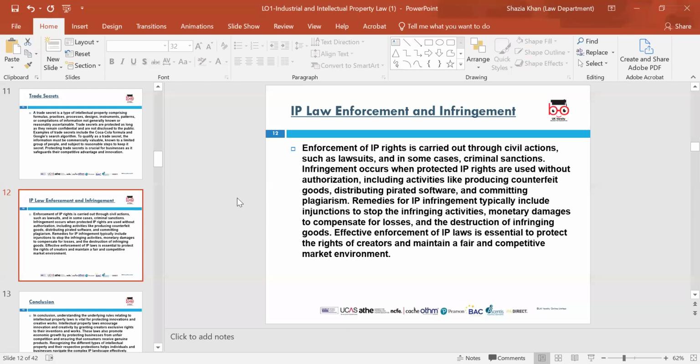You also need to be collaborating with other authorities and industry bodies who can bolster your intellectual property enforcement efforts. Focusing on international protection as well is another one.